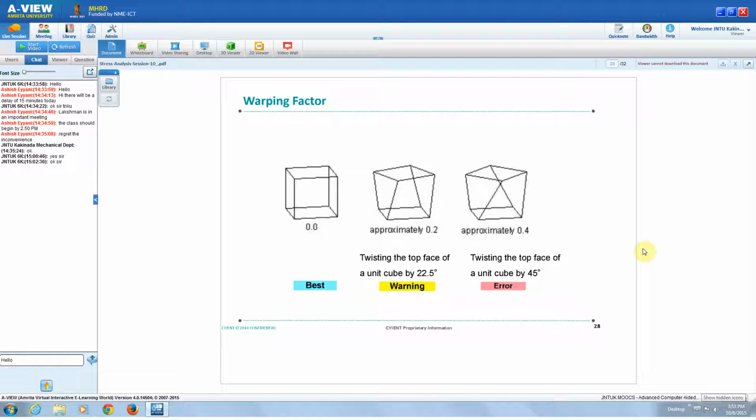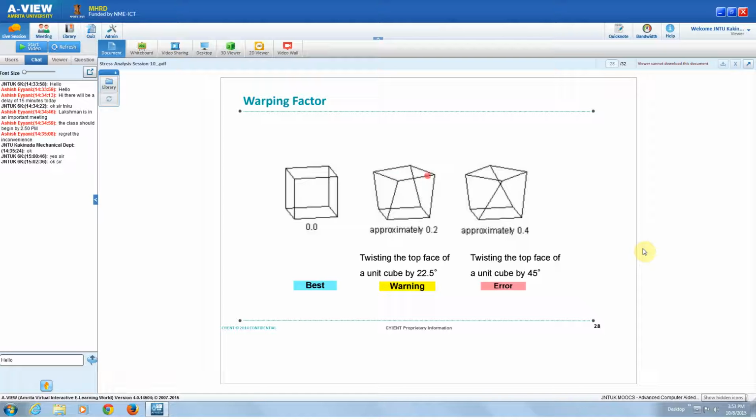For the perfect square cube it is 0, and we have 0.2 and 0.4. 0.2 represents twisting on this top face. So approximately 0.2 warping factor for this element and 0.4 for this element.